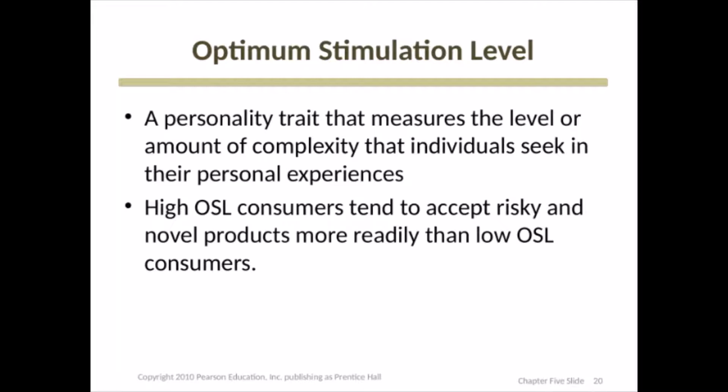Okay. دي حاجة عكس الإنوفيتيفنس. الإنوفيتيفنس is his willingness to buy. But this one is his willingness or how he tends to like or dislike the unusual experience or unusual product. Okay.